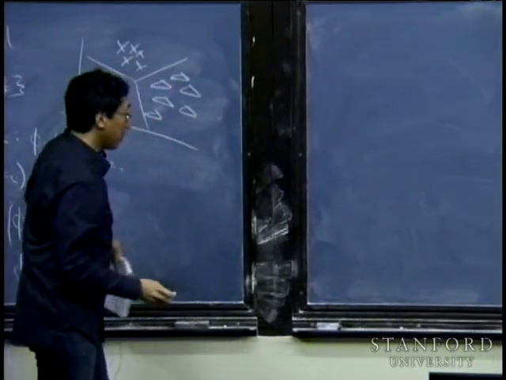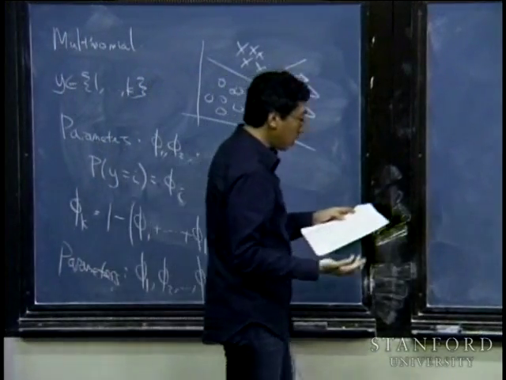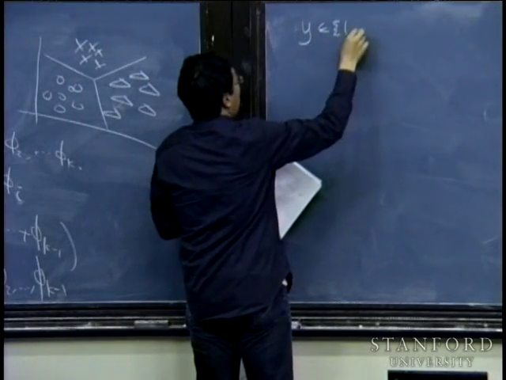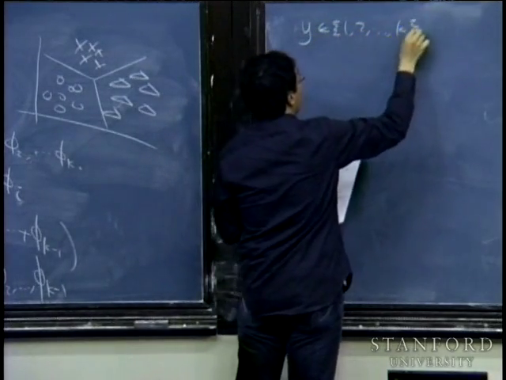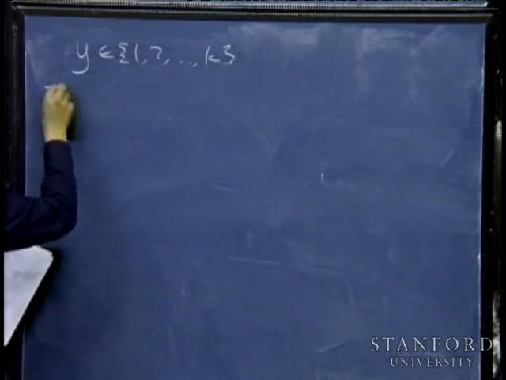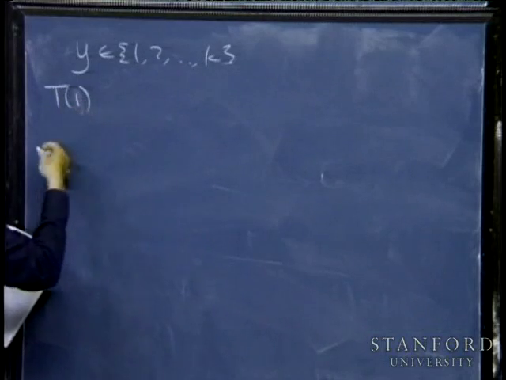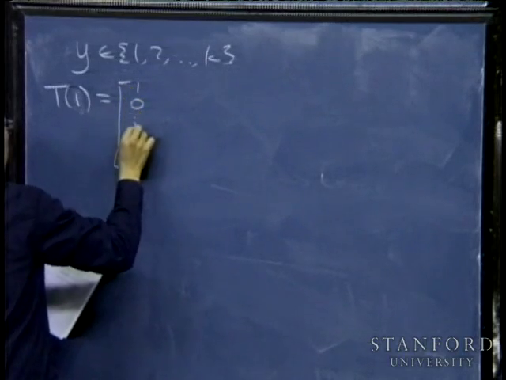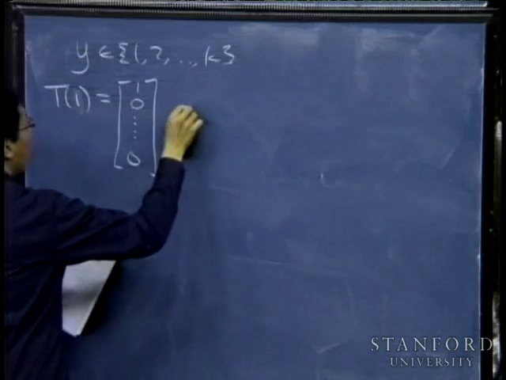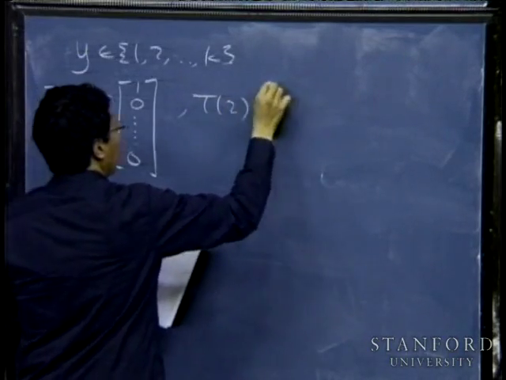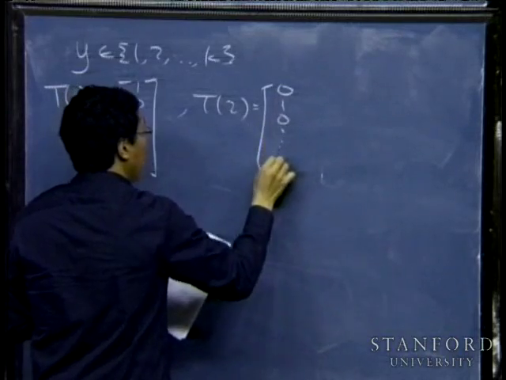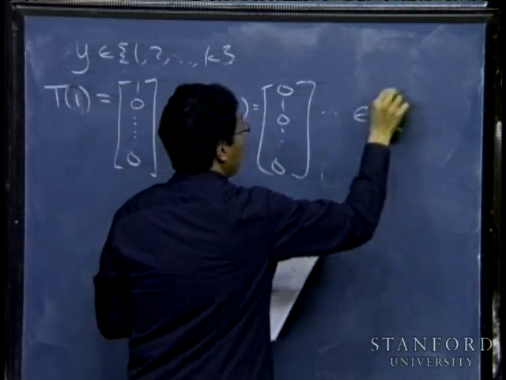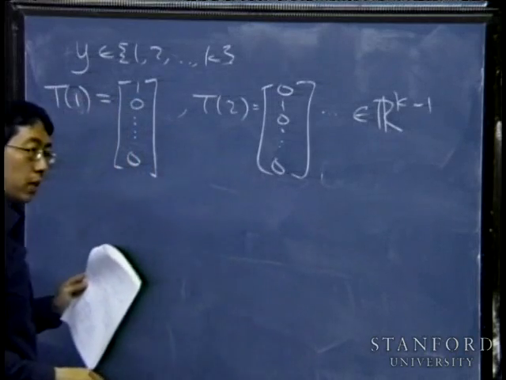It turns out the multinomial is one of the few examples where t of y is not equal to y. So in this case, y is one of k possible values, and t of y will be defined as follows: t of 1 is going to be a vector with a 1 and zeros everywhere else. T of 2 is going to be 0, 1, 0, and so on, except that these are going to be k minus 1 dimensional vectors.